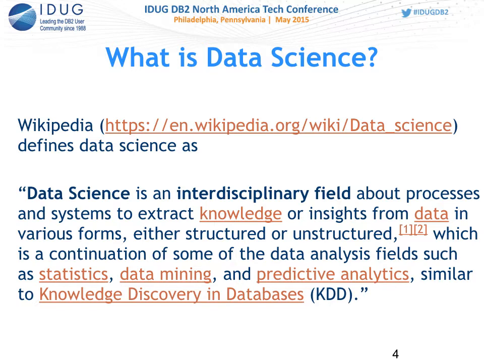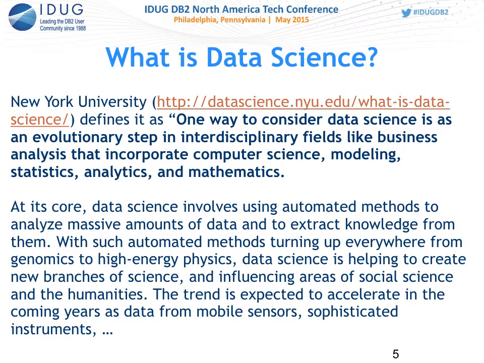This is the one you find on Wikipedia, and since everything in the world you read in Wikipedia is 100% accurate, this is the one to read. I'm a little facetious on that. Okay, so New York University, which is one of the places that's teaching data science, this is how they define it.